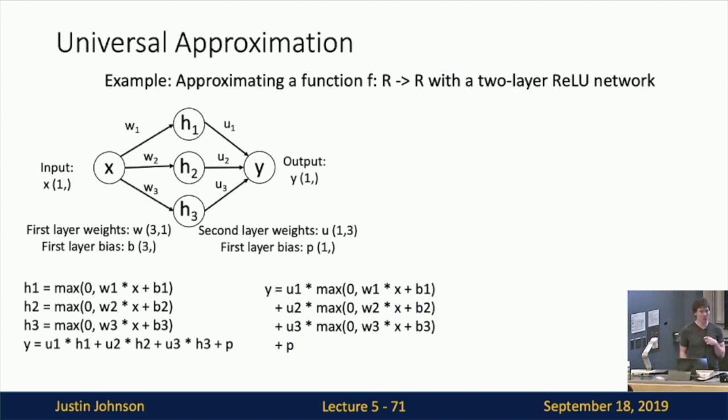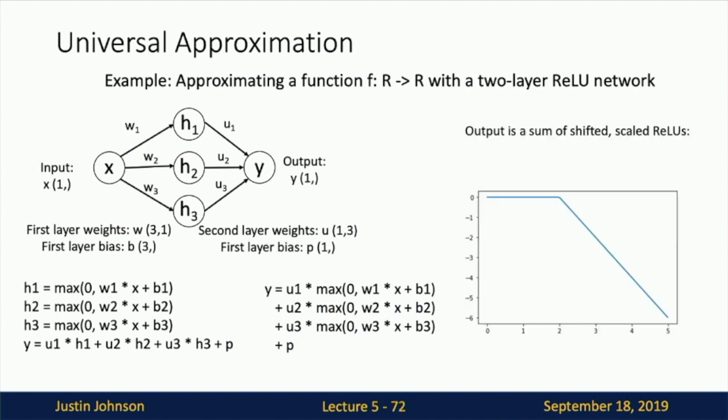And what each of these three different terms looks like is some kind of shifted or scaled or translated version of the ReLU function, where we can flip this ReLU function to the left or the right, depending on the sign of this W1 element in the first weight matrix. We can determine the point between the flat region and the linear region.